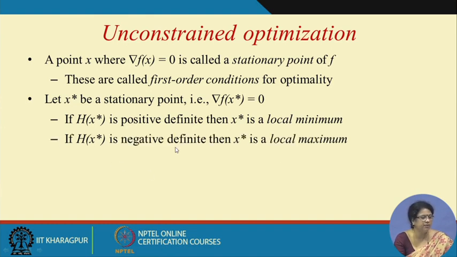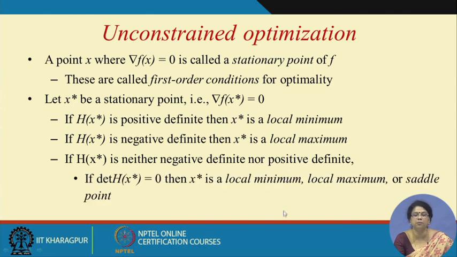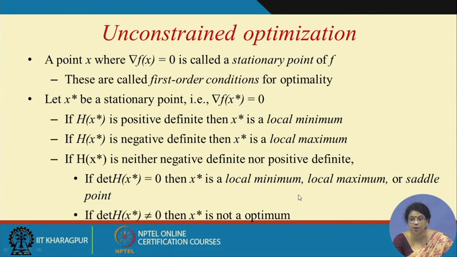If the Hessian matrix is negative definite, we say local maximum, and if some principal minors are positive, some are negative, and there is no pattern to it, then at that point the function has neither maximum nor minimum. But there is still a certain condition: if the determinant value of the Hessian matrix is 0, then the function maybe has a local minima, maxima or saddle point, because we need to go for the third order partial derivatives of the function.